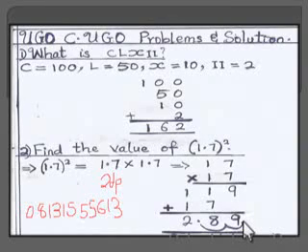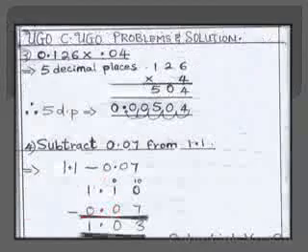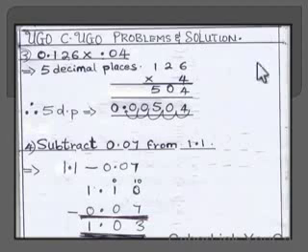Start to move the point from our right hand towards the left hand in 2 places. 1, 2 is where the point is. So our final answer is 2.89.